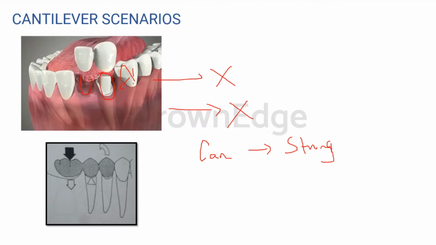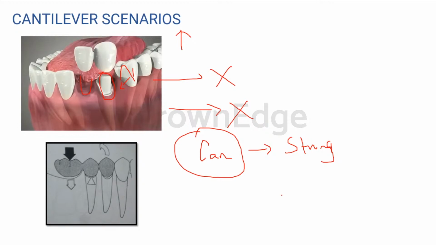Right? So that is with regards to your cantilever scenario. So only the canine can give you a cantilever scenario.